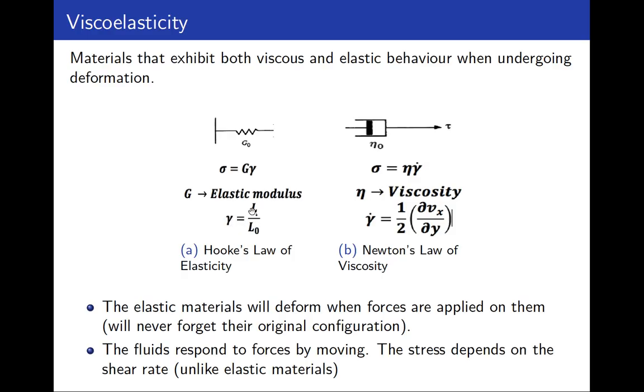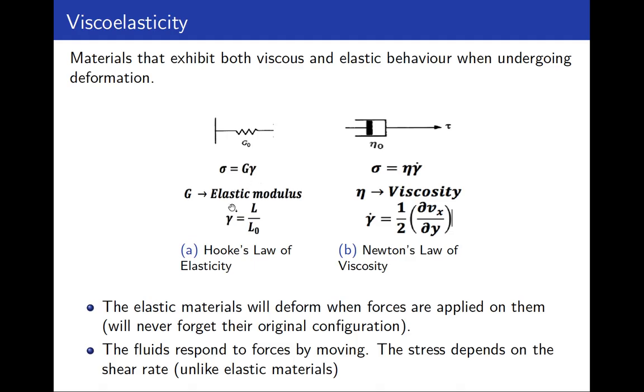So we compare the L, the new configuration, over the initial configuration, L0. So we have the strain, and then the stress can be calculated as the product of the elastic modulus, which is a physical property. It's the equivalent of viscosity for fluids.